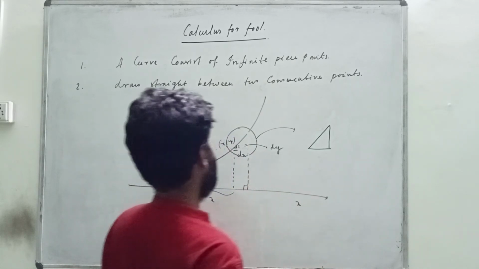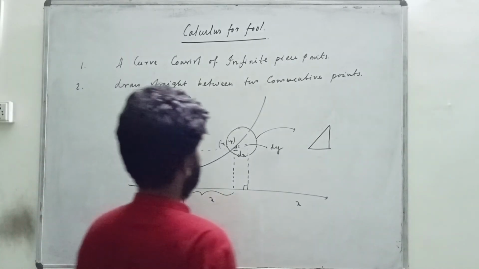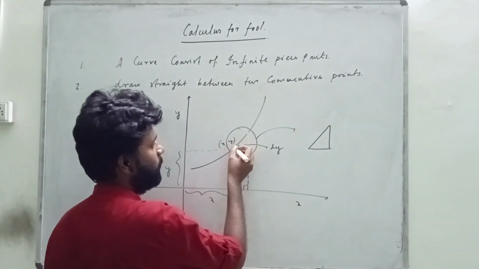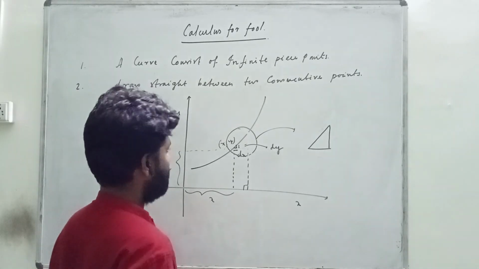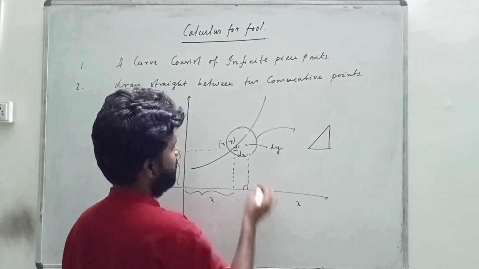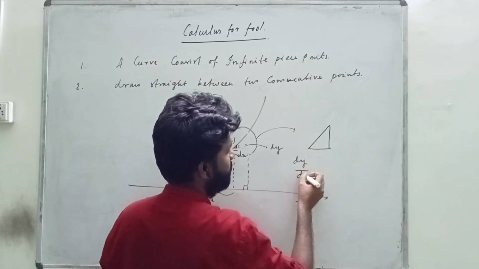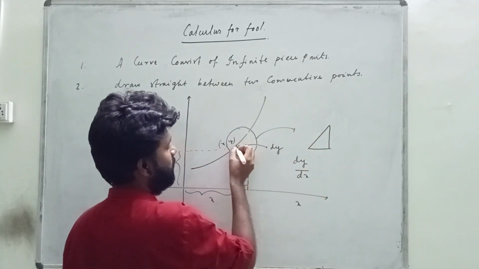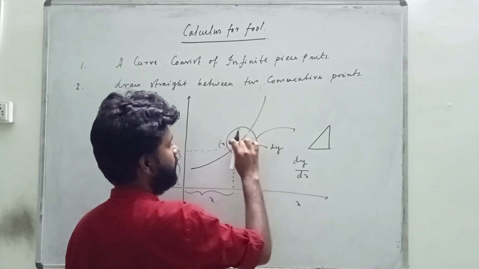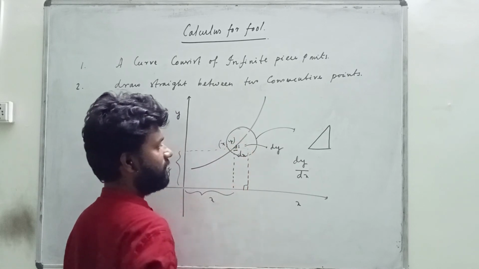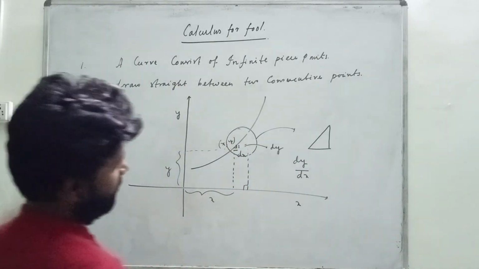Now if I ask you what is the slope at this point on the curve, obviously you calculate it by putting dy over dx here, because now we get a triangle, and the height is dy, the base is dx, so obviously the slope is dy over dx, right?